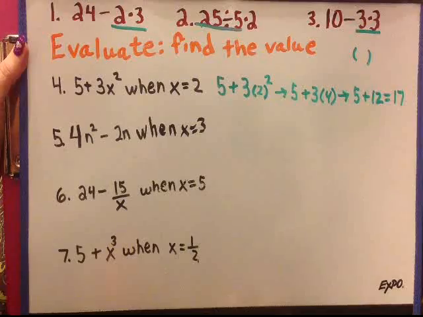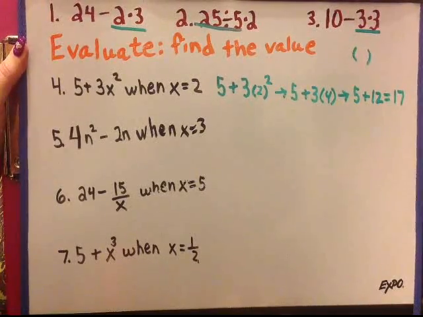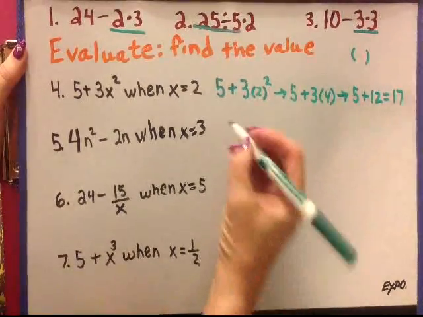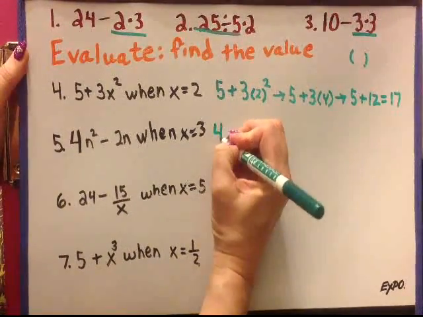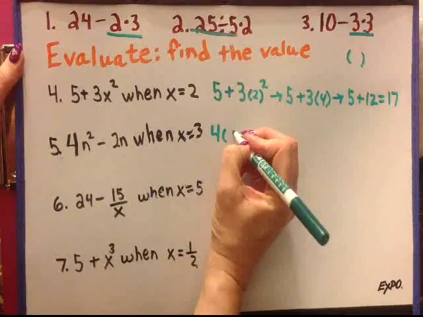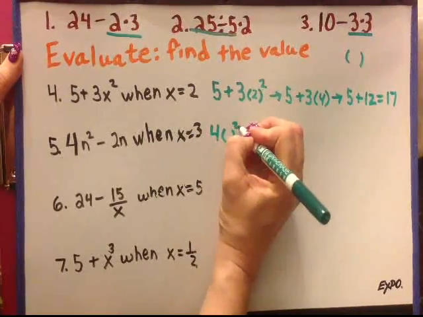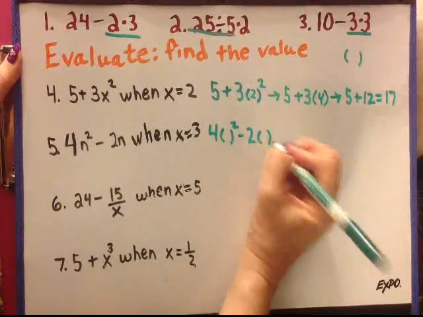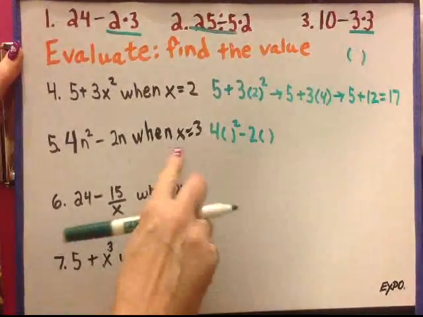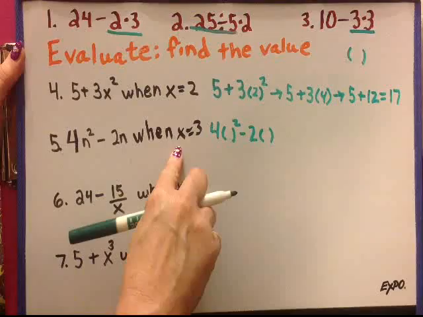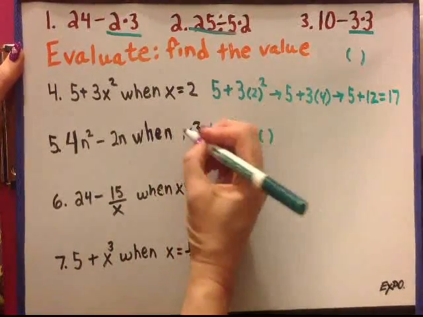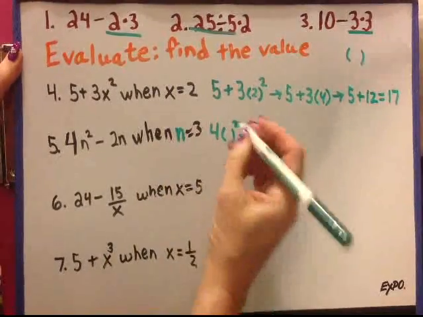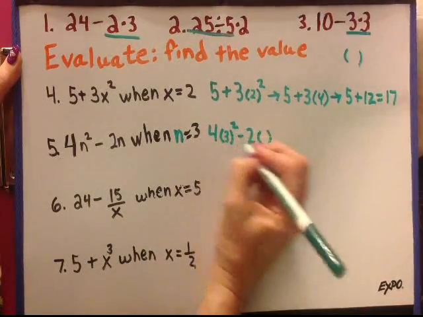All right, number 5. 4n squared minus 2n when n equals 3. To begin with, we're going to replace the variables with parentheses. Minus 2, here's another parentheses, and n equals 3.